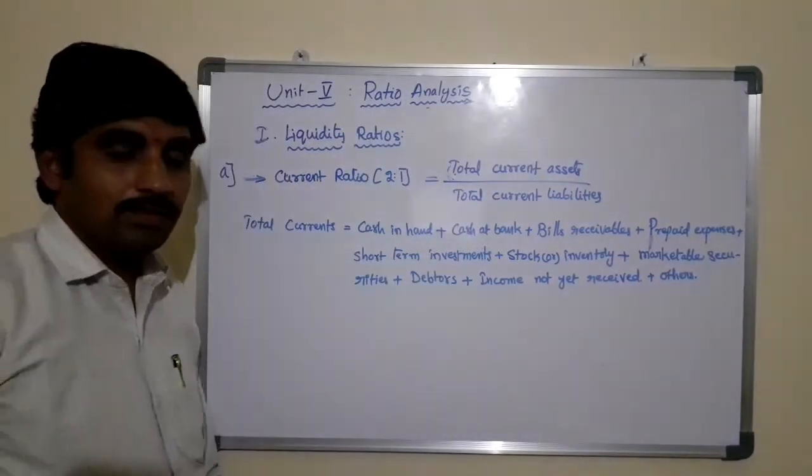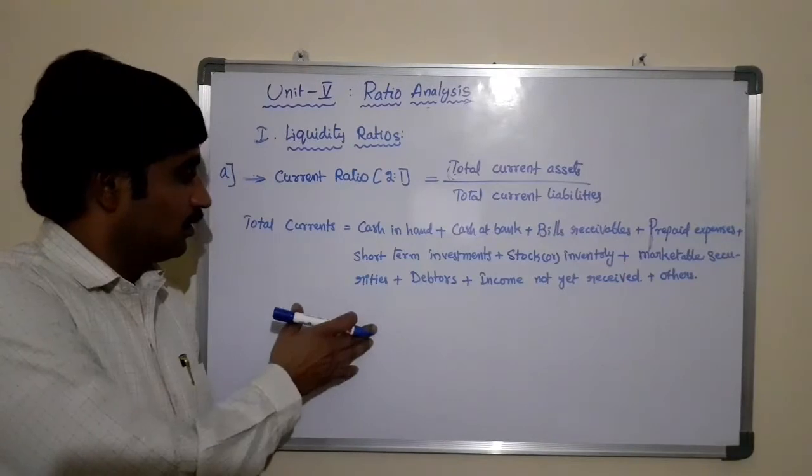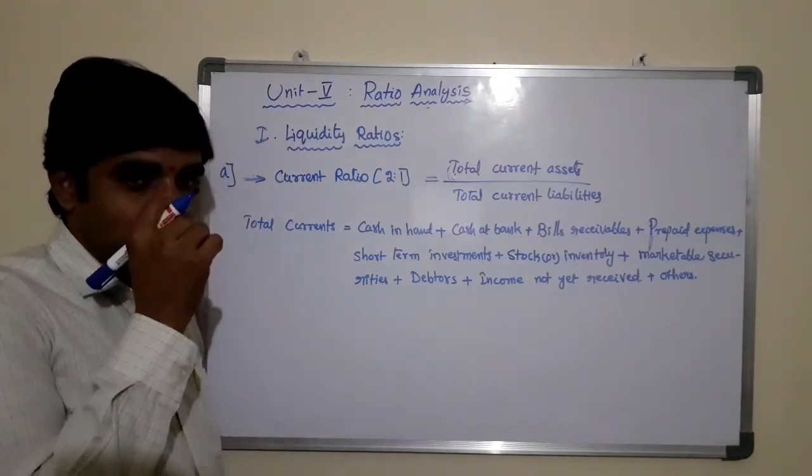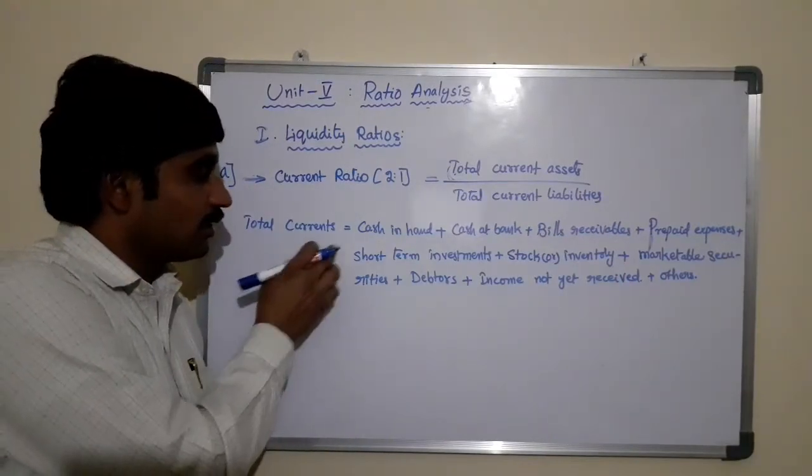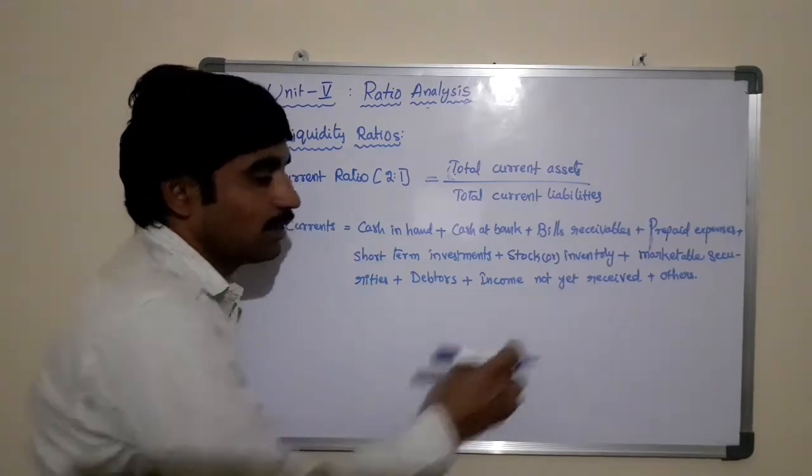So these are the items that come under total current assets. If you want to calculate current assets, we need to sum up all these items.